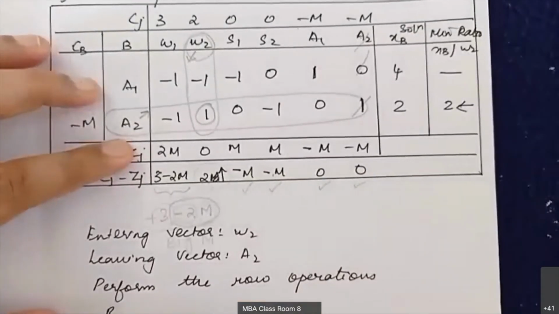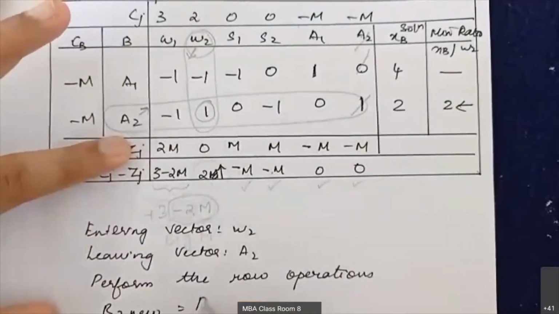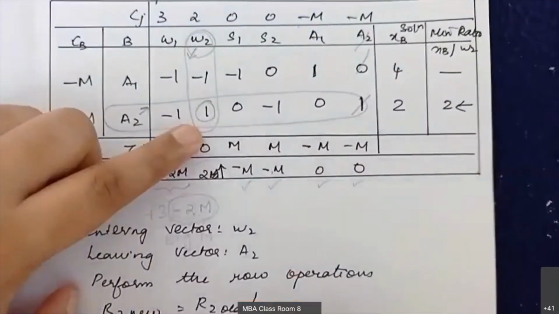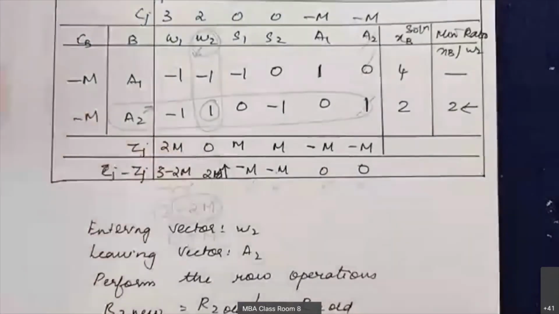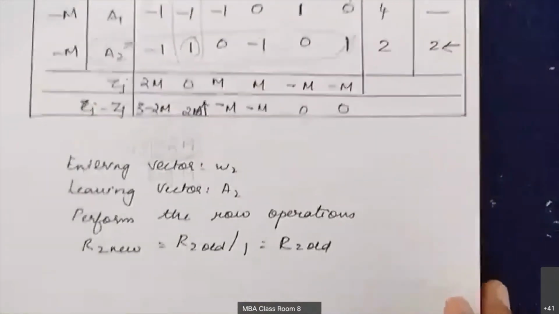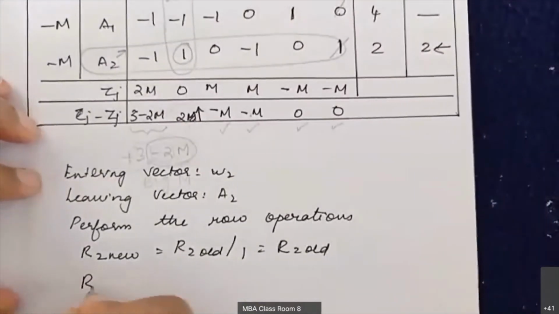R2 new, we have to start with the key row. R2 new is equal to R2 old divided by the key value, that is 1. So it is going to remain the same, which is R2 old. Next we have to change the first row.